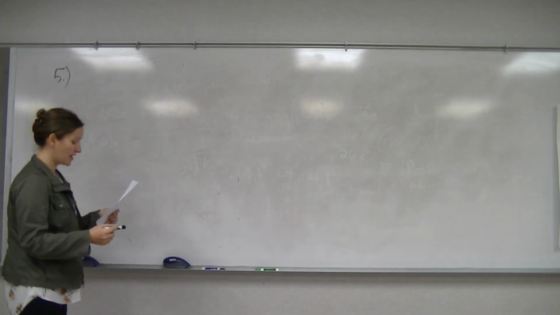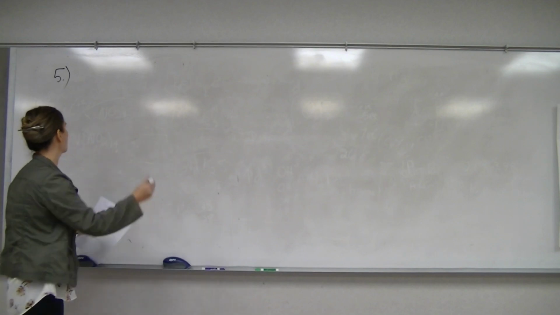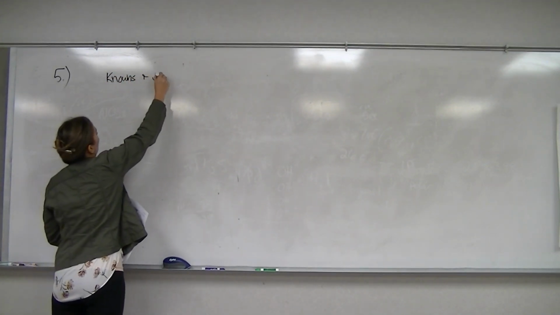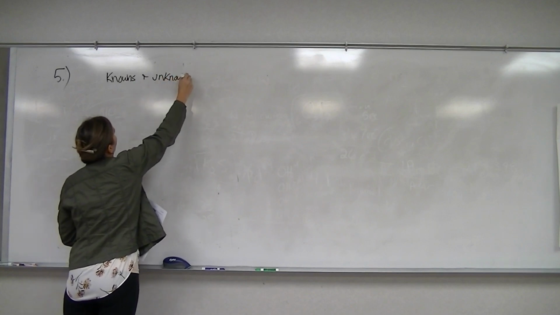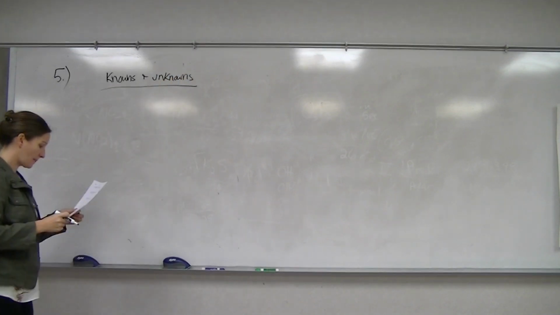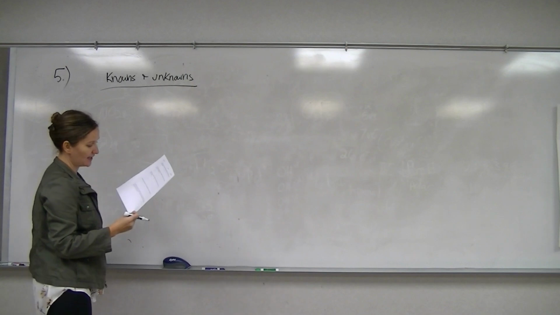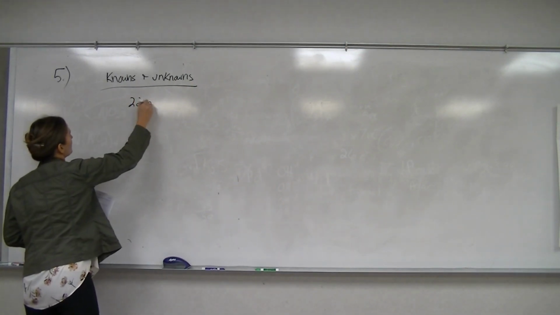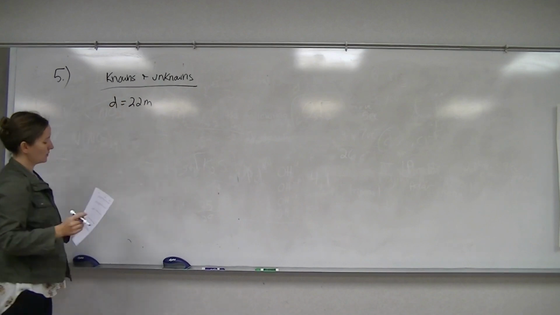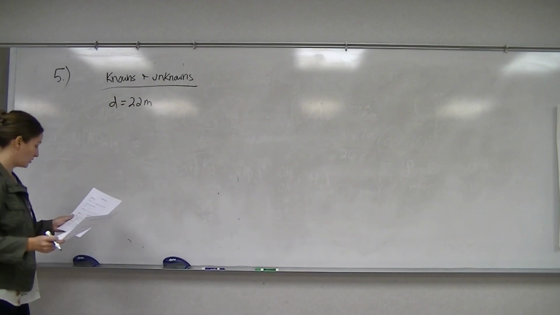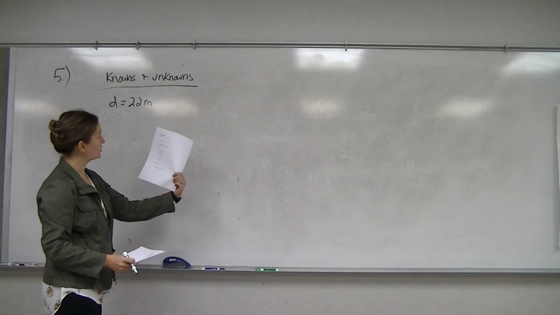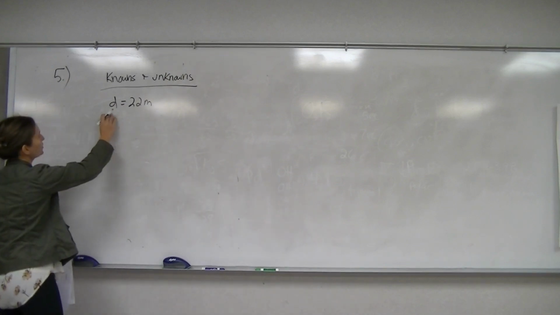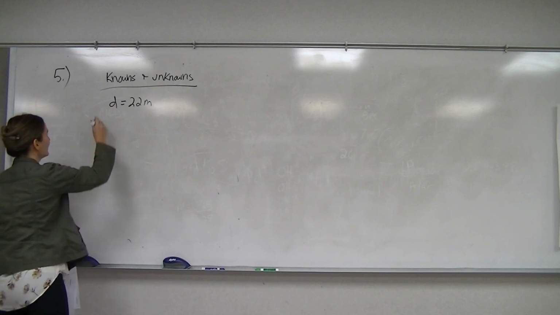Okay, so let's start with our knowns and unknowns so that we can figure out what equation to use. The first piece of information I see is their treehouse is 22 meters high, and 22 meters is going to be a distance. But now that we're getting into the energy equations, you'll notice that we don't always use D for distance.